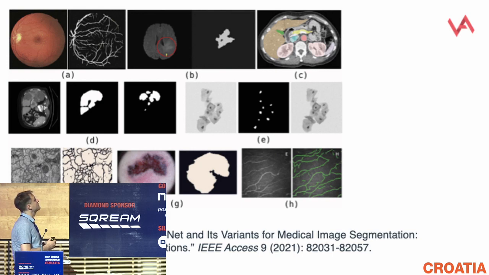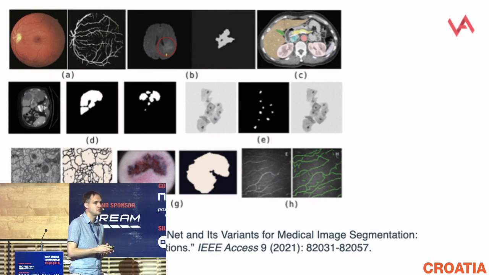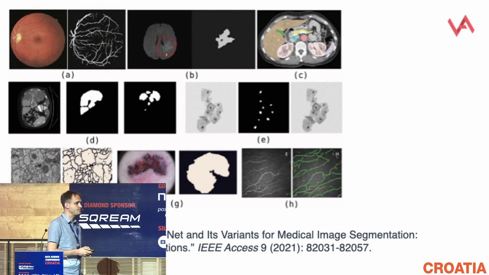Here we have liver segmentation, and this is also part of the liver, but here we have some lesions, areas of interest. So for many different applications, this is still very much used. It's a great robust architecture that people are still using, and it's not just something that happened a couple of years ago and is not used anymore.